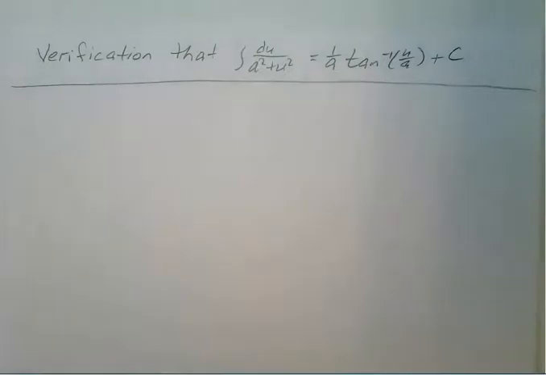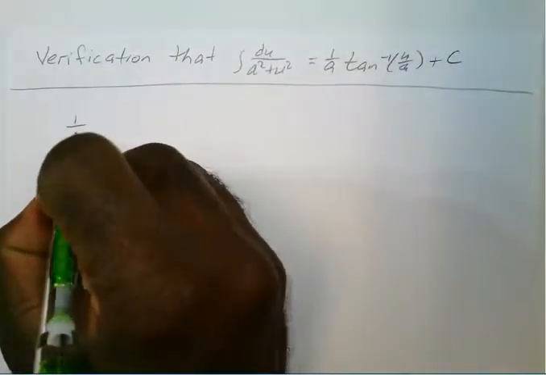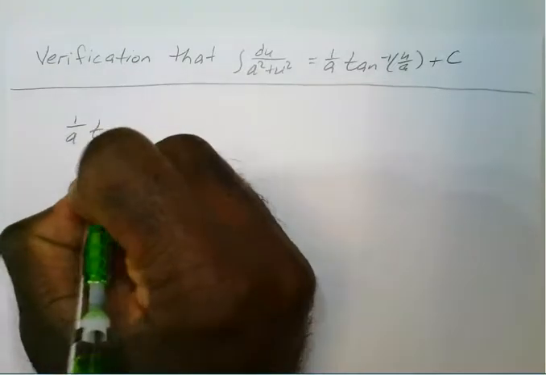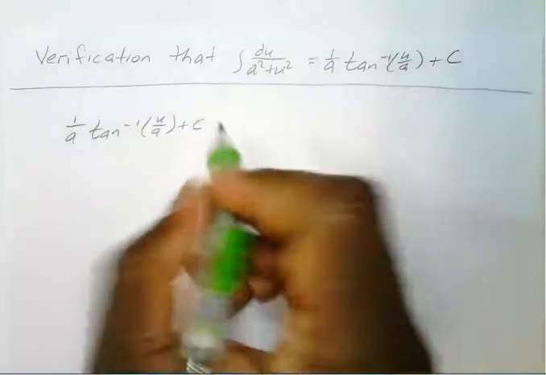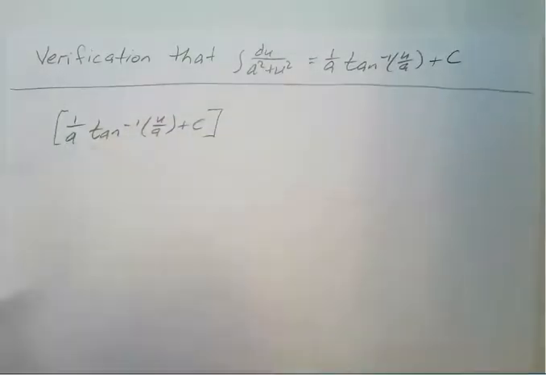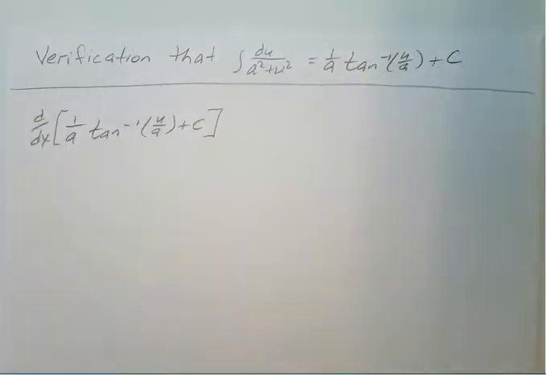Okay, so we have, let's say, 1 over a times the tangent inverse of u over a plus c. What if we find the derivative of that?